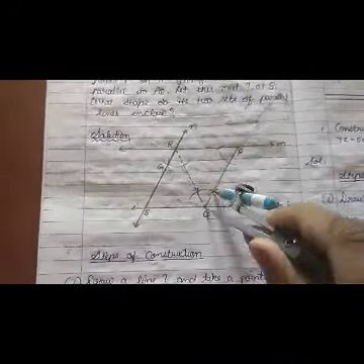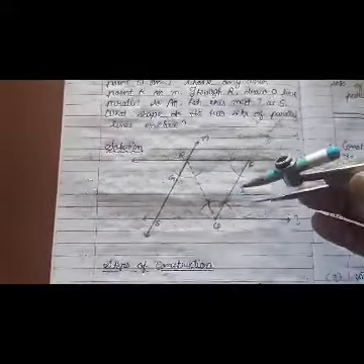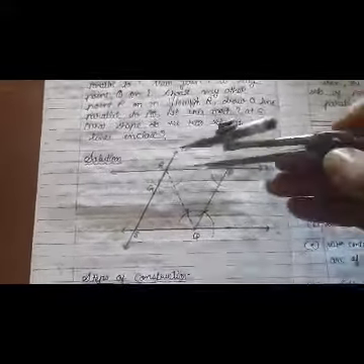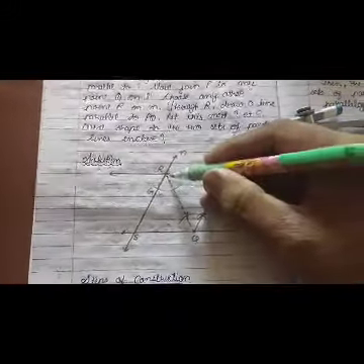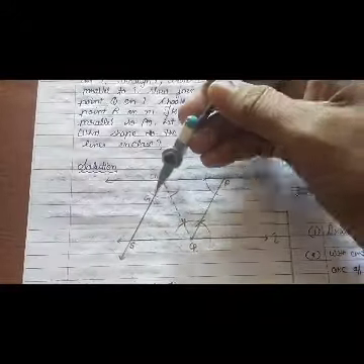Now you extend your arc over here. Then, wherever we had drawn this dotted line, with this point draw this arc.